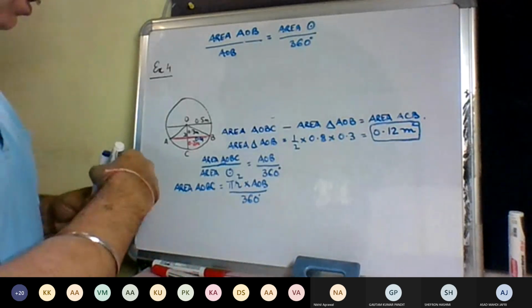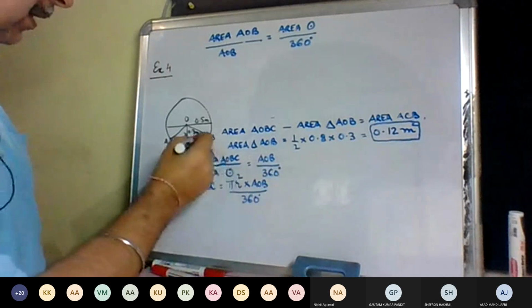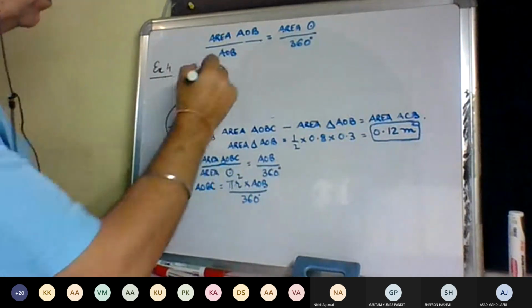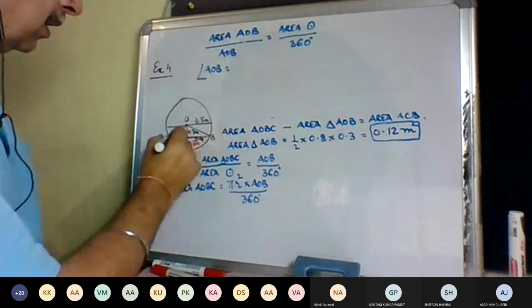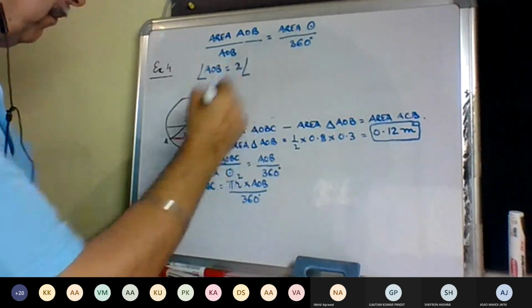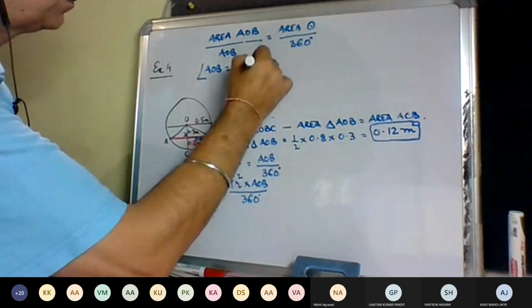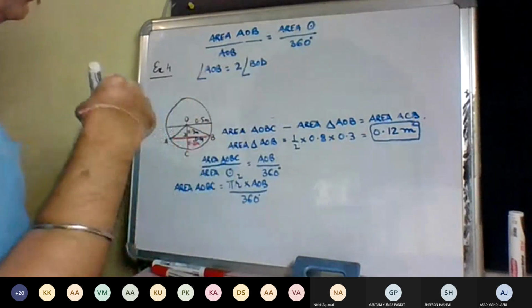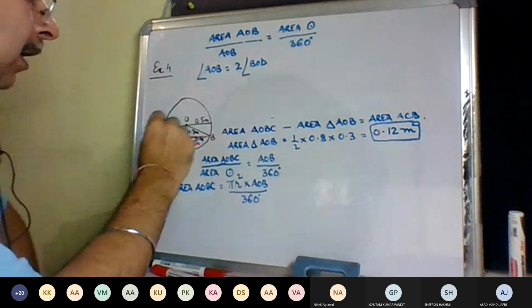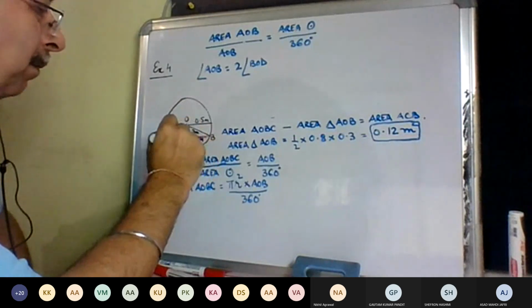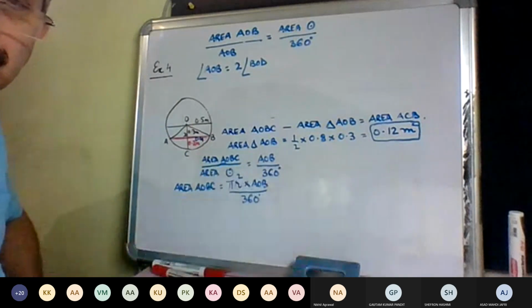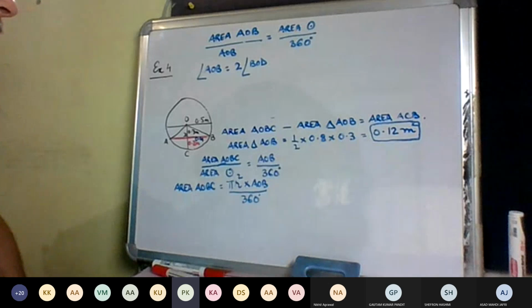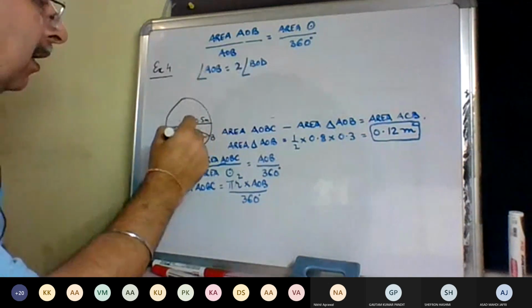Now I am looking at basically the angle AOB. Angle AOB is twice of angle BOD. AOB is twice of BOD. Yes, sir. I am interested in finding out angle BOD.